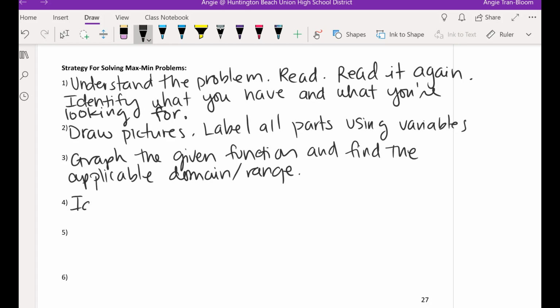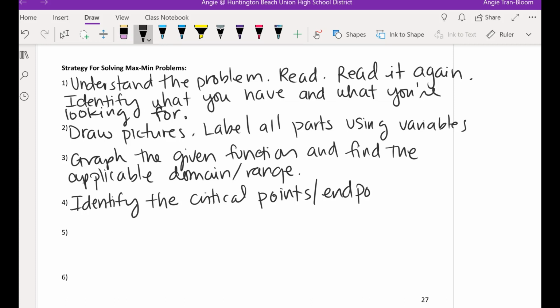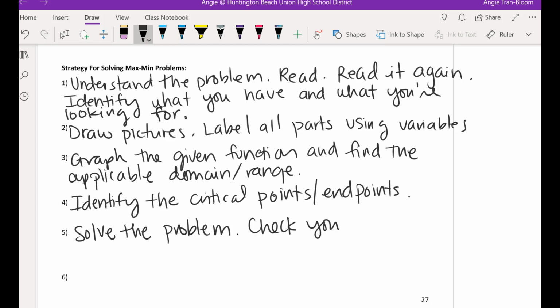Number 4, identify the critical points and endpoints, if we have any endpoints. Number 5, solve the problem. Check your answer or result with a graphing calculator if it's applicable.